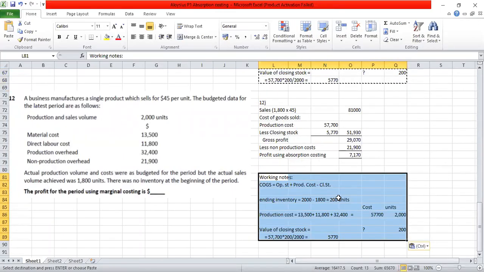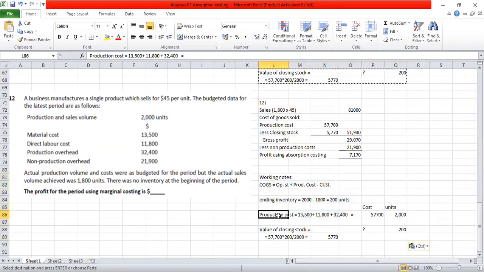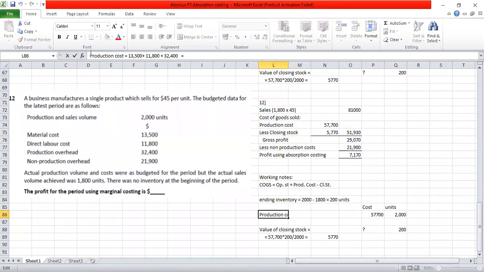Ending inventory is 200, but the point here is, it is not just the total production cost, but we have to restrict it to variable production cost. Variable production cost will be only 13,500 and 11,800. Direct material, direct labor, we see that. Production overhead 32,400.